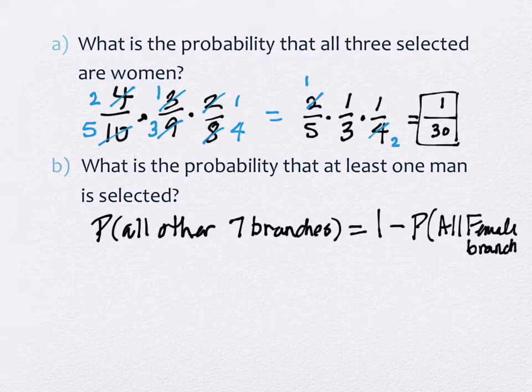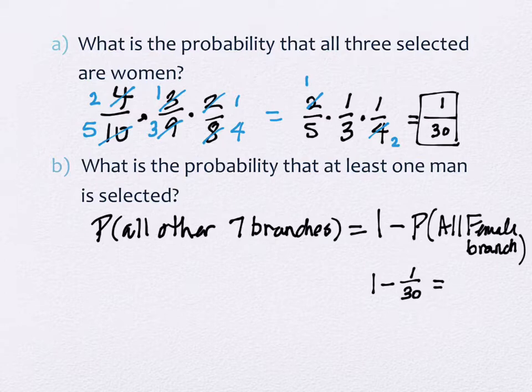Because that's the only one that doesn't have the desired outcome, the one we just found from part A. So instead of having a 7-part problem, well, it was 8, 7 multiplications and then an addition at the end, I could just do 1 minus 1 over 30. And it's a 1-part problem instead of an 8-part problem.